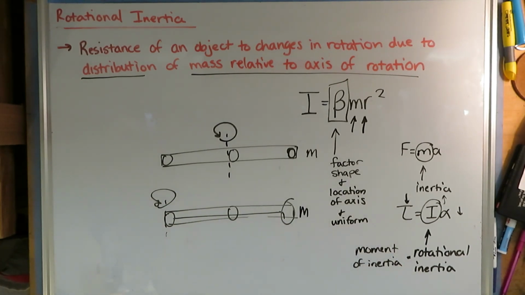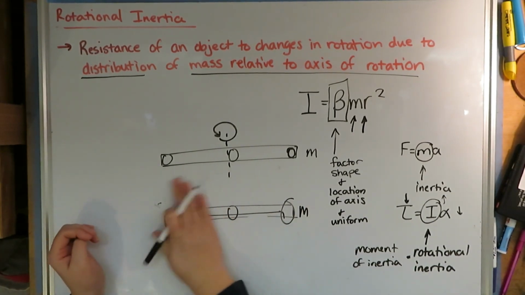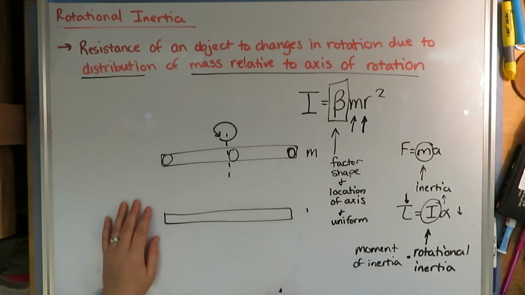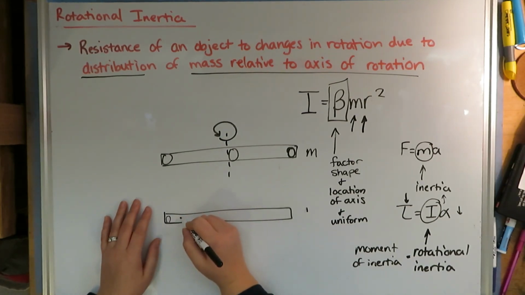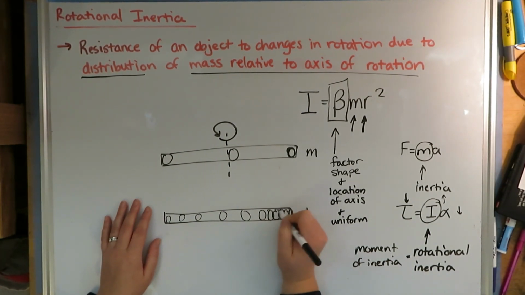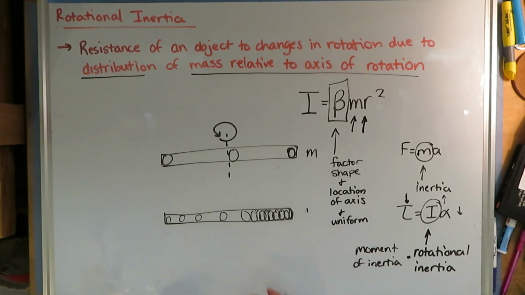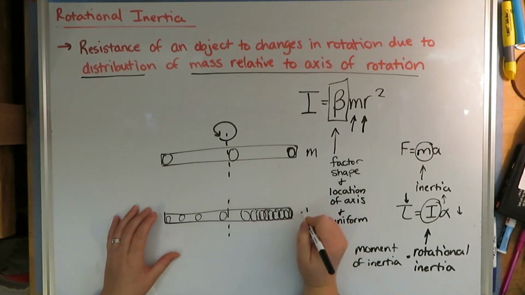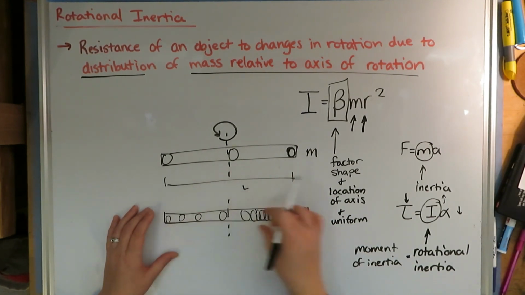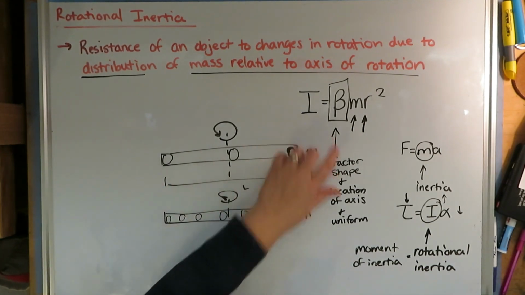It's also going to matter if the objects are uniform or not. The objects we're going to look at are generally uniform objects. That means constant density. So if I have this rod with a constant density, all of the mass is equally divided up along the length, whereas if I had a rod that was less dense on one end and more dense on the other, because maybe you stuffed something inside of it, or it's a compressed material, then even if you rotate these same objects and they have the exact same mass and the exact same length, because their mass is distributed differently about even the same axis, these two are not going to have the same constant.